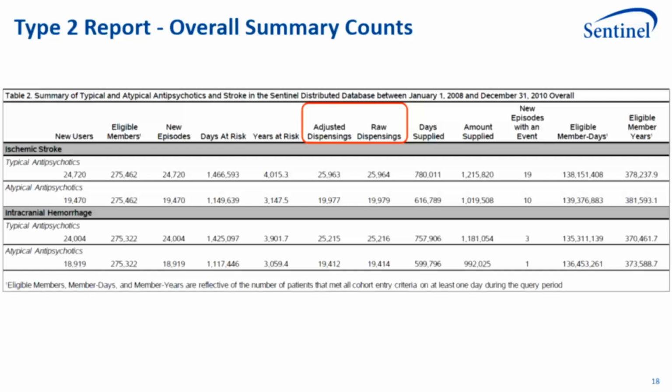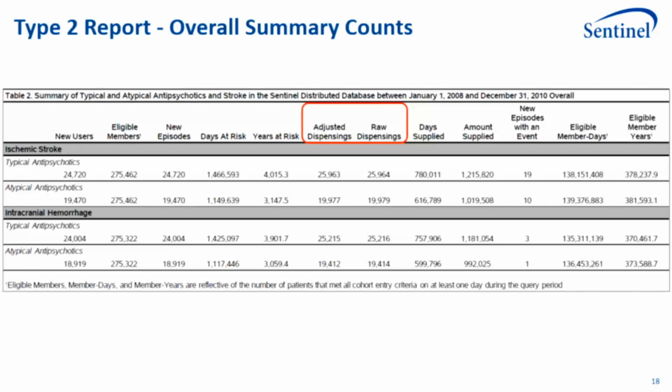In this case, it's not particularly interesting. Not too many people in this synthetic data got 2 dispensings of one of the antipsychotics on the same day. So even though that stockpiling parameter was turned on, it doesn't really do much. You can see almost identical counts. I'm going to walk through what this means in a minute.